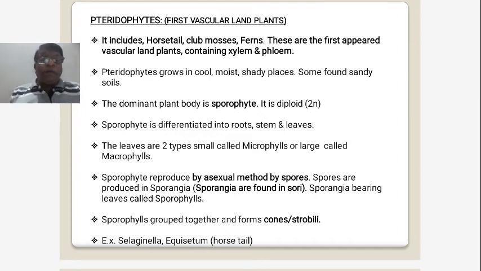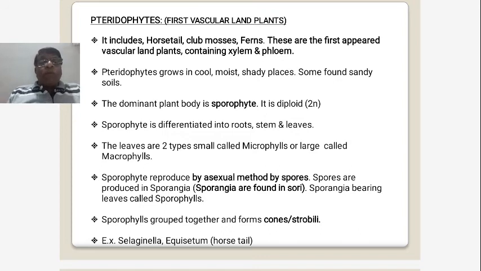Next, we shall see another point. I told you the plant body is sporophyte. This sporophyte, when it reaches maturity, always reproduces by the asexual method. How? By producing spores. Asexual reproduction takes place by the formation of spores.